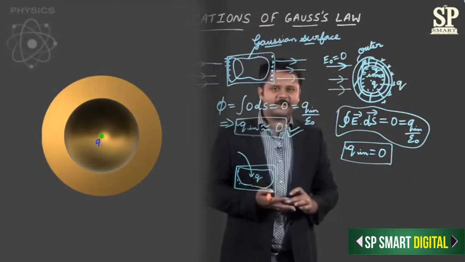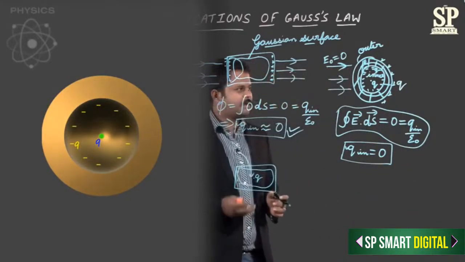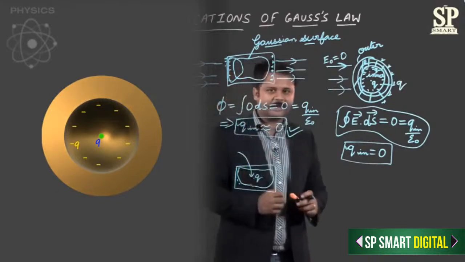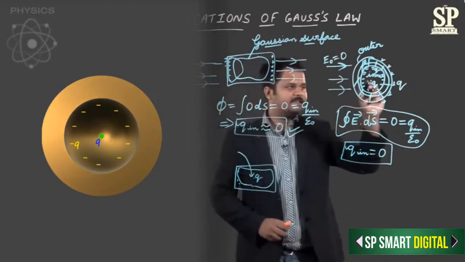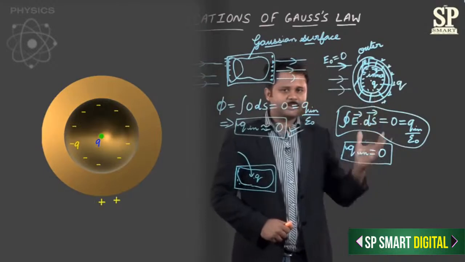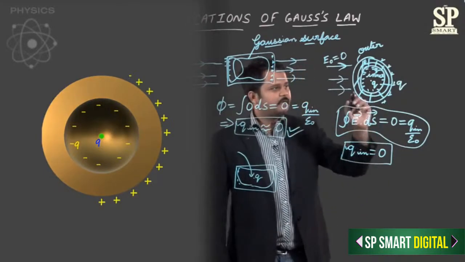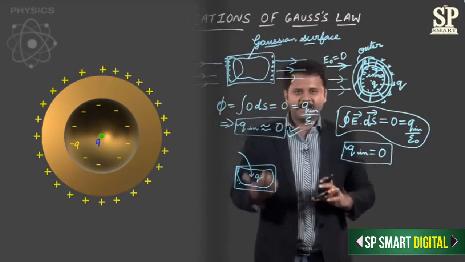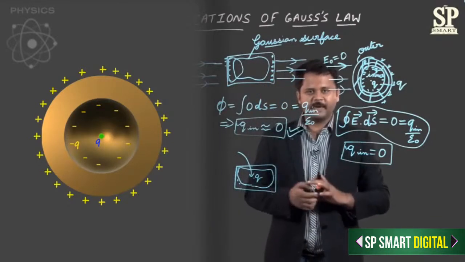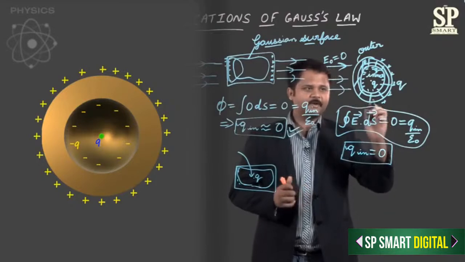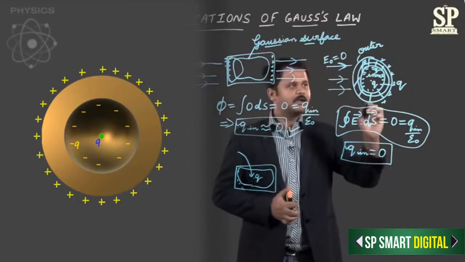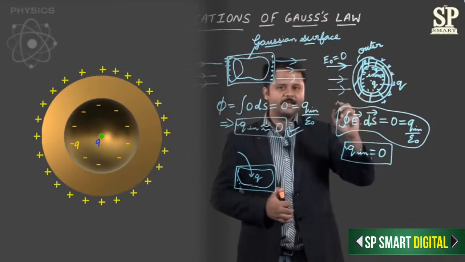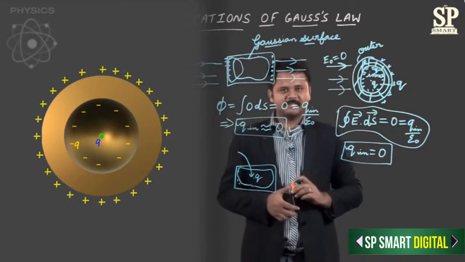So this is a very interesting phenomenon that we have observed, that whenever we have a conducting cavity, if any charge is kept inside the cavity or the free space, then the charges in the conductor realign themselves. If it were neutral to begin with, the inner surface will get an equal and opposite charge, and the outer surface gets an equal charge, the same in sign.